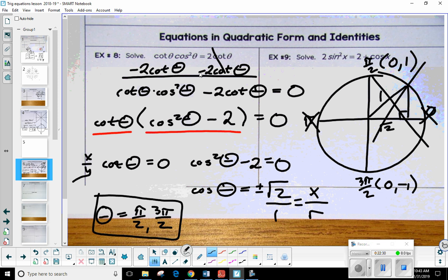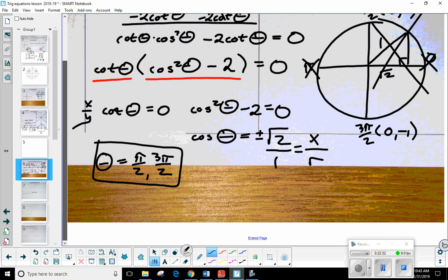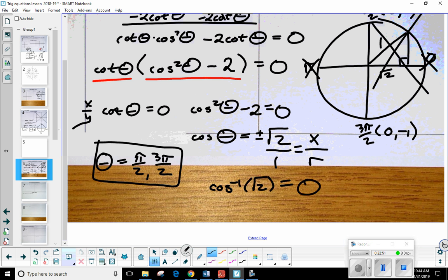But let's say you go ahead and look at it another way. Now you'll notice we are working backwards from the ratio to find the angle measure. When we were doing that before, we used the inverses, right? We're not using the inverses to help me solve this, but those rules still apply. So let's say I went cosine inverse of the square root of 2 is equal to theta.